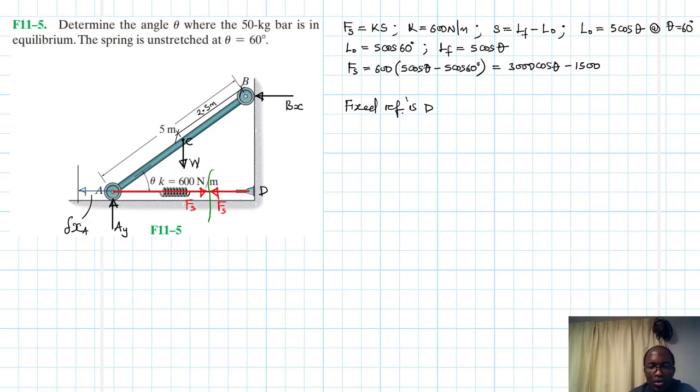So let me draw the deflected or displaced configuration. I expect a system like so. Once I do it, expect something like this. Okay, so what has happened here?